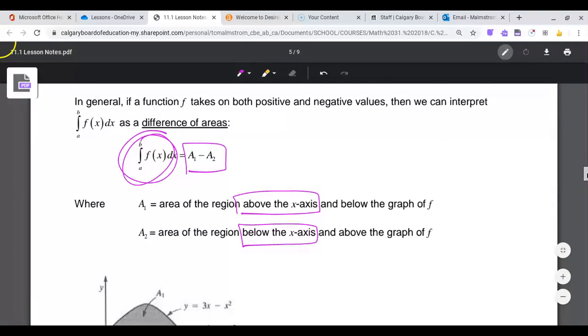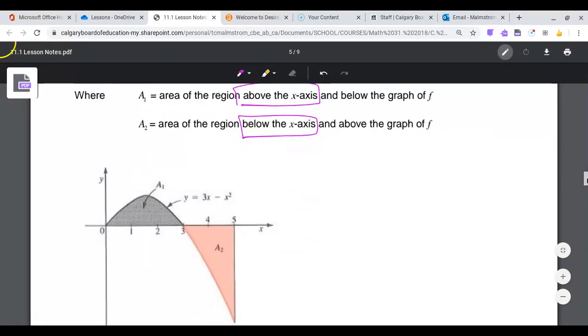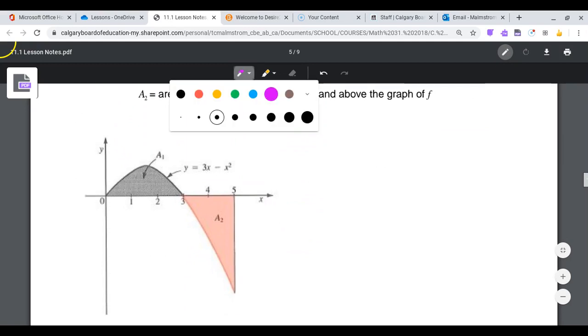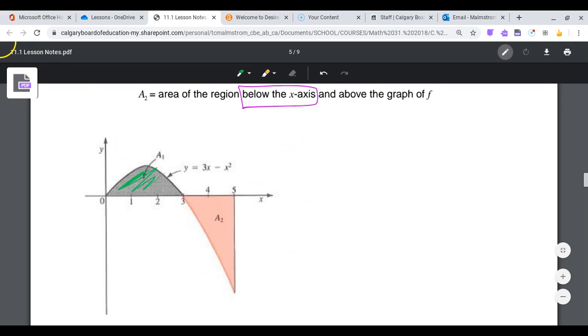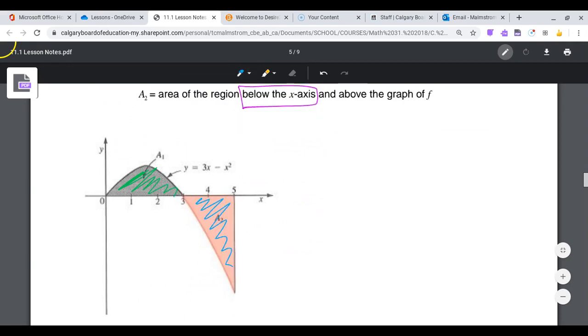So if we take that parabola we were just looking at from the boundary 0 to 5, we can clearly see that we have two regions. We have an area above and we have an area below. Now if I only wanted the area, then we would go A1 plus whatever area 2 was, that integral, we would need to take the absolute value of it, right?